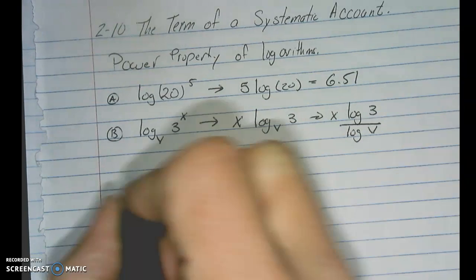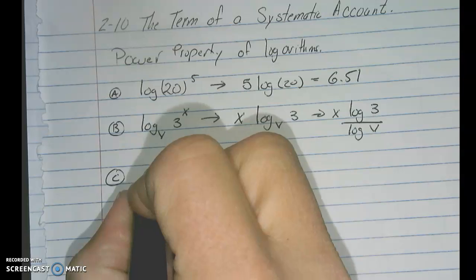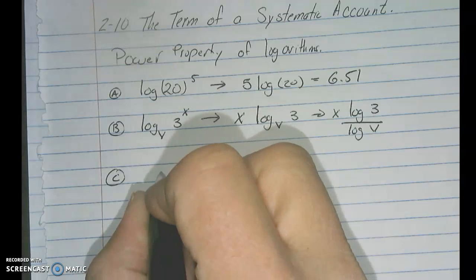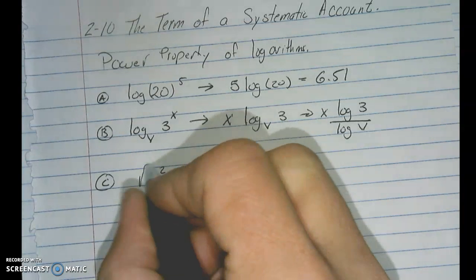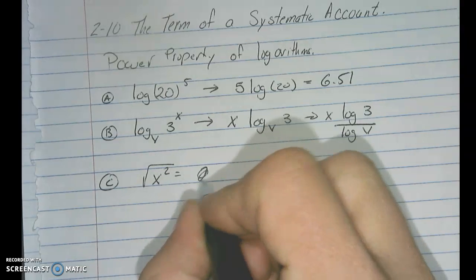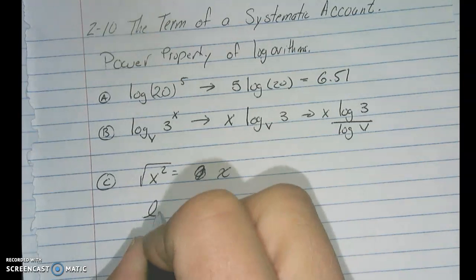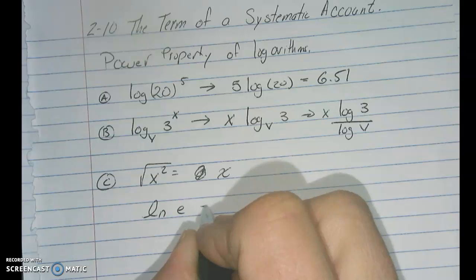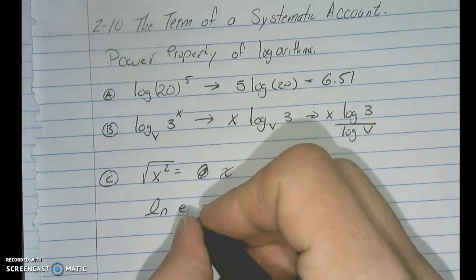And then, let's see here, how can I put this? If I was to say x squared, what undoes something to the second power? It's taking the square root. So it undoes that power, correct? The cool thing is that if I have the natural log of e, that's just going to be equal to 1, because the natural log undoes the e.